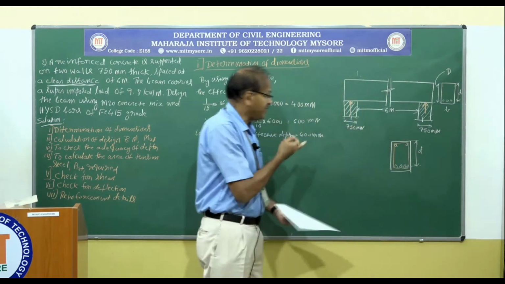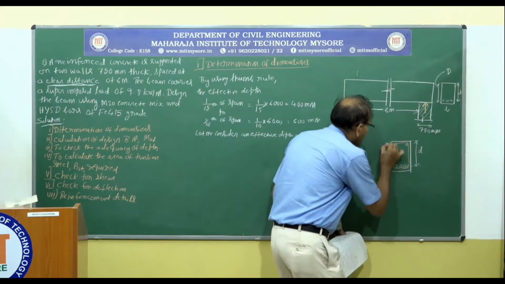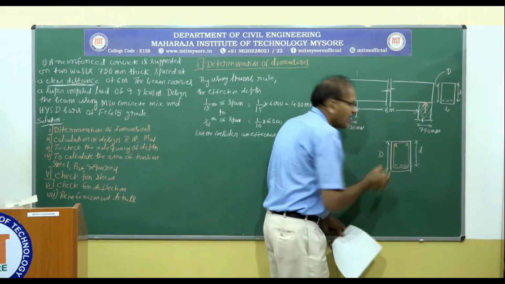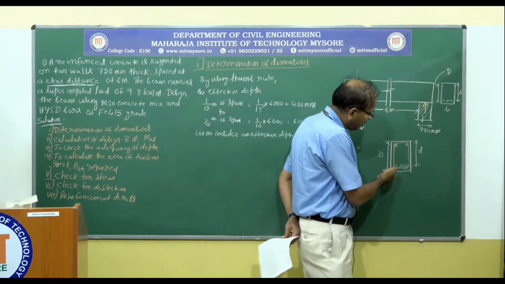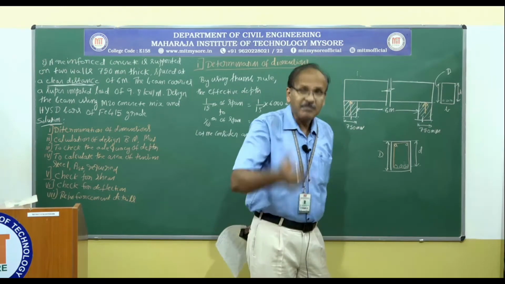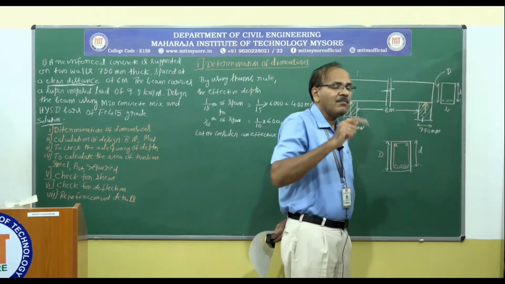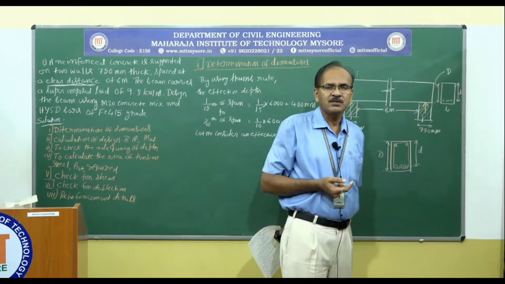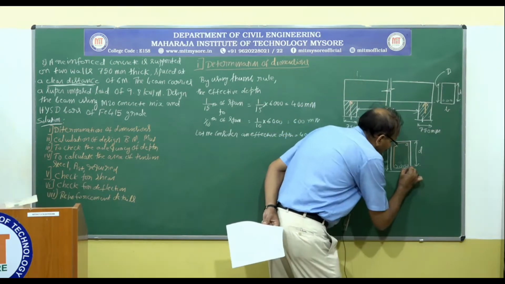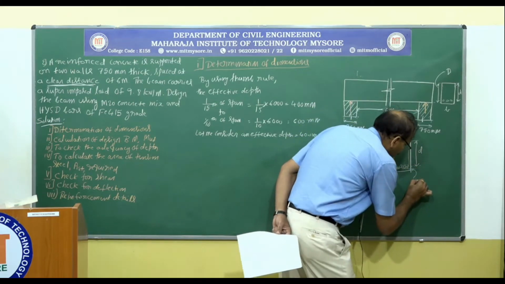So what is the overall depth? Overall depth D is the effective depth plus the effective cover, and the effective cover is measured from the edge of the tension zone to the centroid of the tension steel. If you remember, by assuming moderate exposure of concrete to the atmosphere, clear cover to the reinforcement, that is the stirrups, is 20 mm.